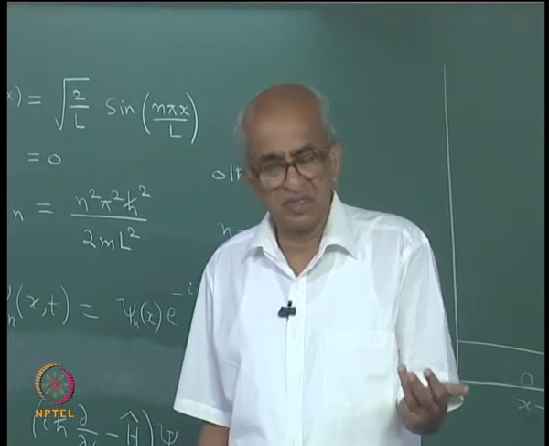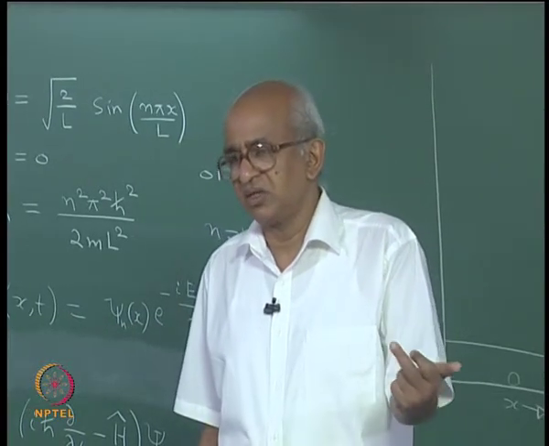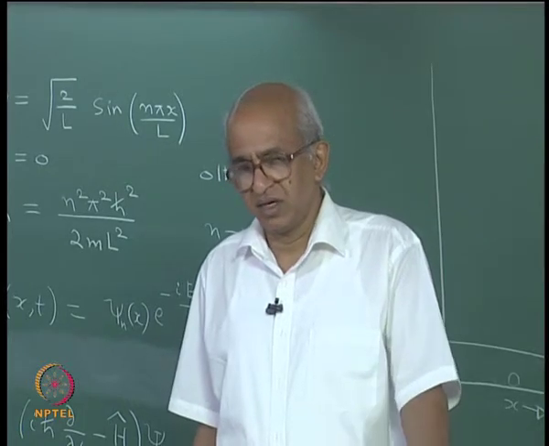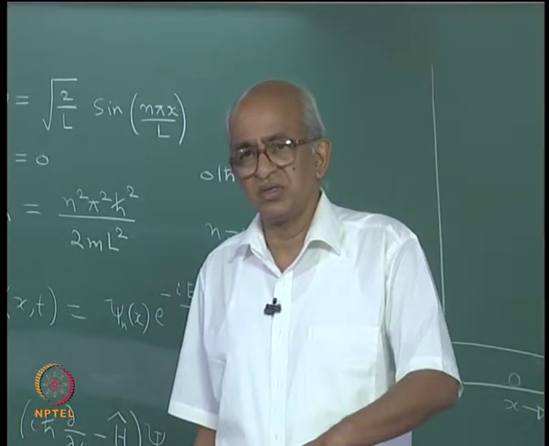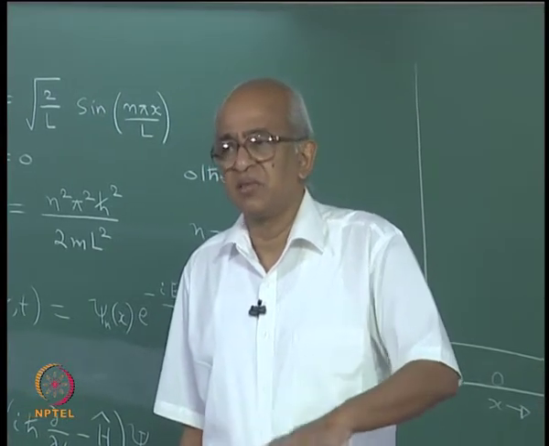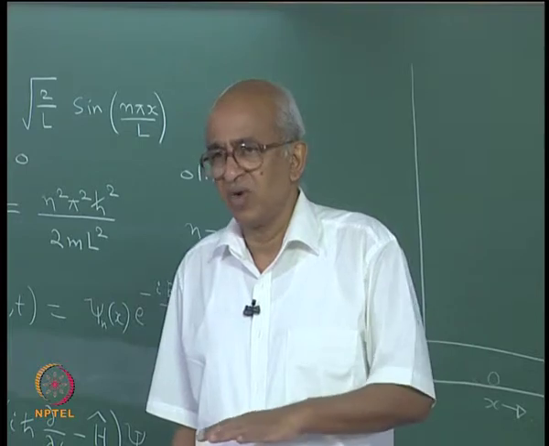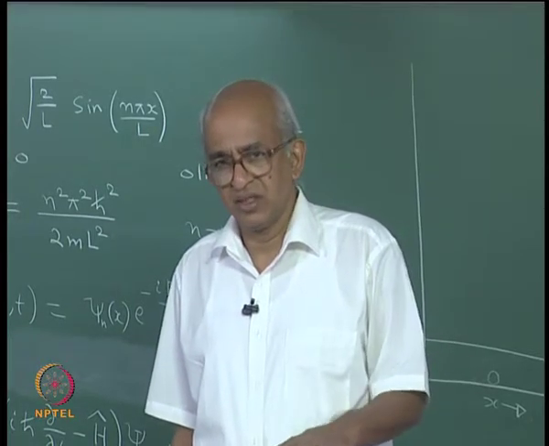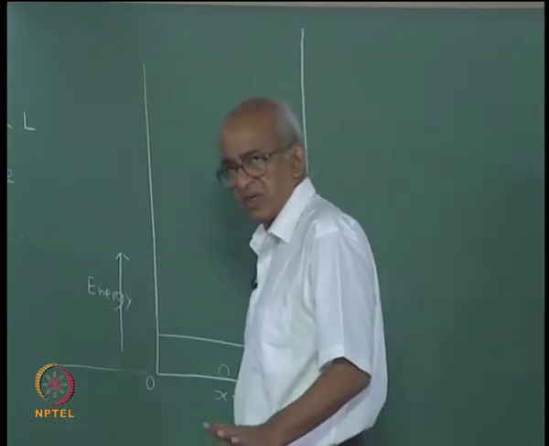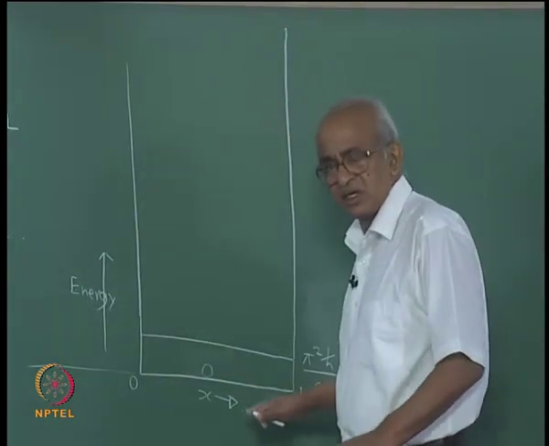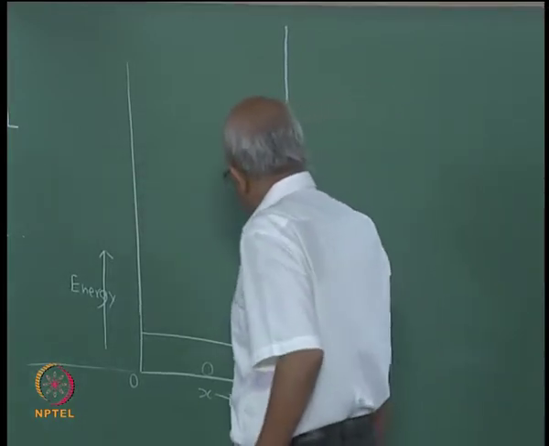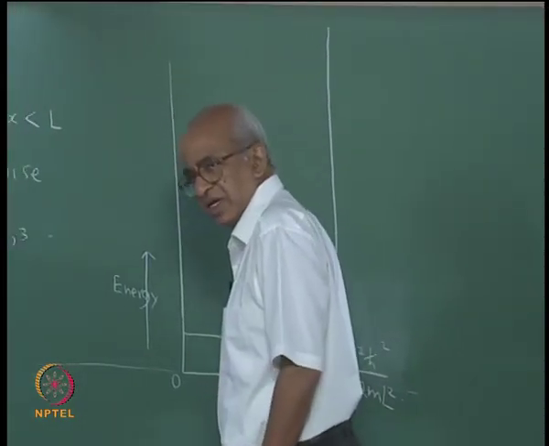So there is no uncertainty in position and no uncertainty in momentum: delta x is 0, delta p also is 0, which means the uncertainty principle would be violated. That is the reason why energy equal to 0 is not possible for this particle confined within a box, because it would simply violate the uncertainty principle.